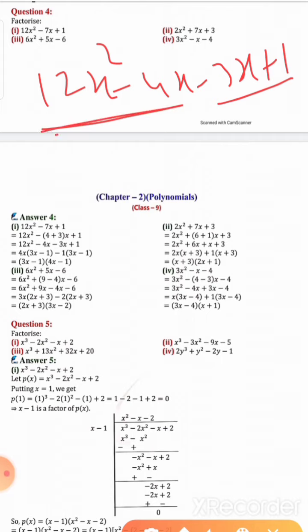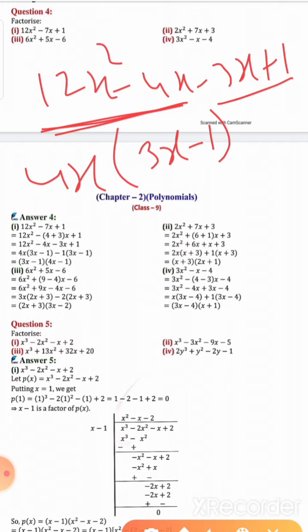In this first pair we take 4x common from both. We get the rest term 3x minus 1. And in the next pair we take minus 1 common, because here the bracket has negative, so we also want a negative term. We take the negative symbol common, and the term inside is 3x in positive form, so taking 1 minus 1 common, we get 3x minus 1.